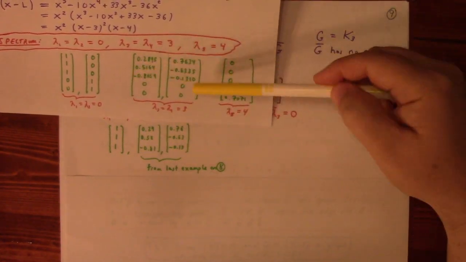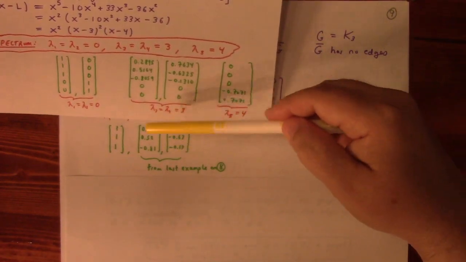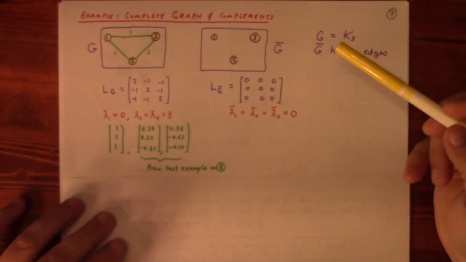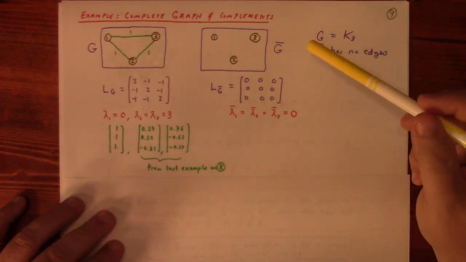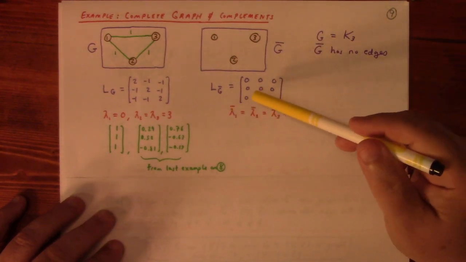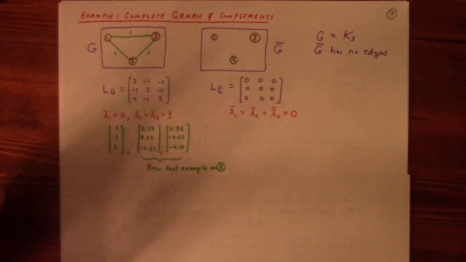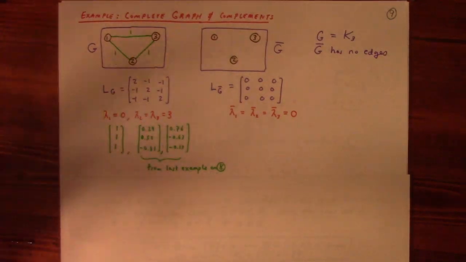I just approximated them because I got tired of writing 4 decimal places. So there's the eigenbasis for the complete graph on 3 things. And then the complementary graph is the 0 Laplacian, which has just eigenvalue 0, 3 repeated, and literally any choice of 3 linearly independent vectors is an eigenbasis. It's very silly.